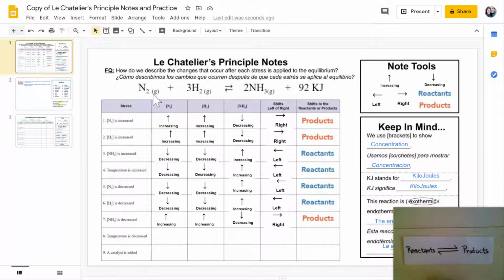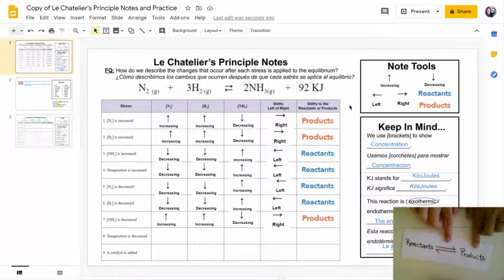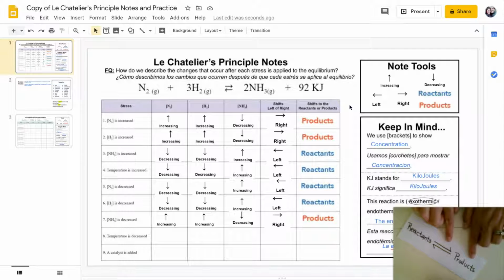So when I look at my chemical reaction up here, I see that 92 kilojoules is up here on the product side, which means I'm going to treat changing temperature as if I'm changing a product. So if temperature decreases, that means my products are going to go down.